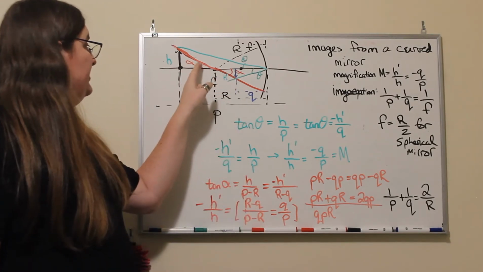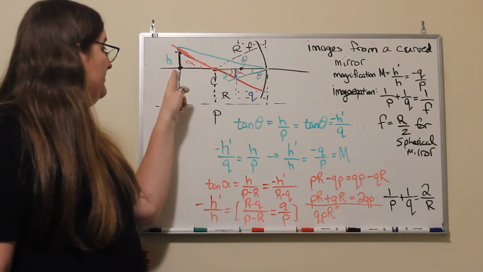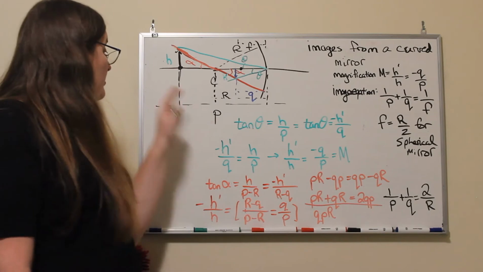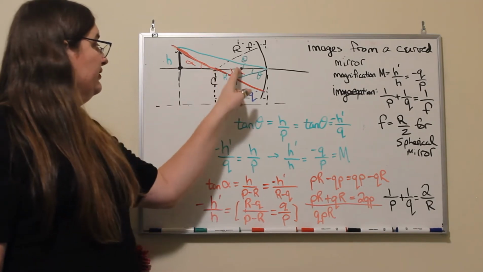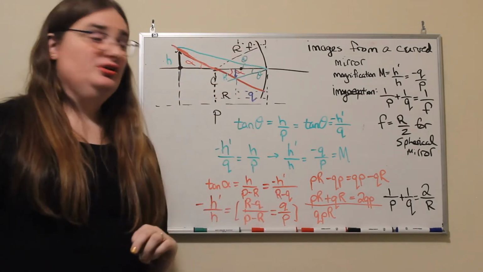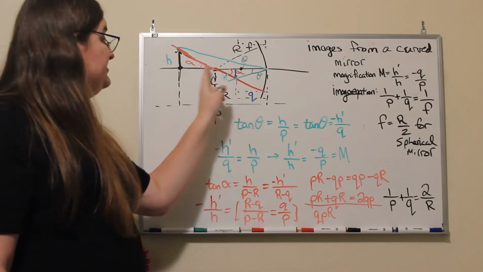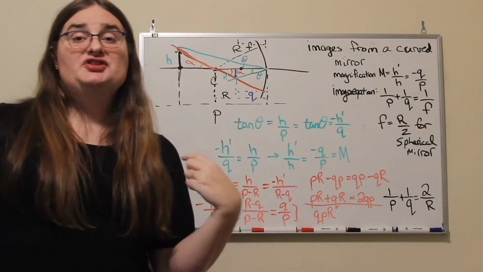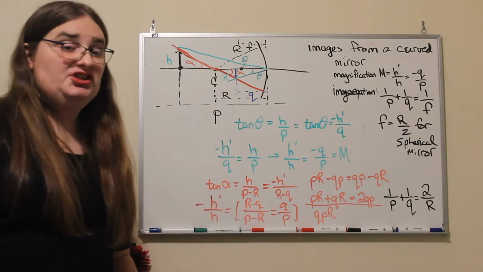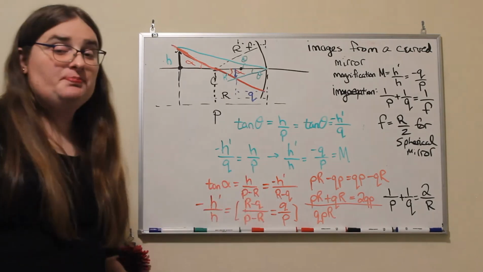So here, the tangent of alpha is going to be the height of my object divided by my object distance minus my radius of curvature, p minus R. Here, the tangent of my angle alpha, well, I have this upside down image, so I would have minus the image height divided by this distance here, which is my radius of curvature R minus my image distance q. So the tangent of alpha is h divided by p minus R, which is minus h prime divided by R minus q.